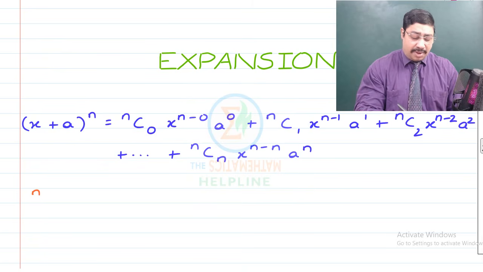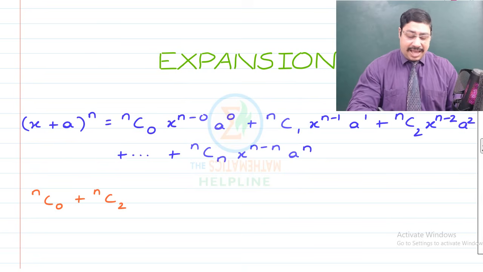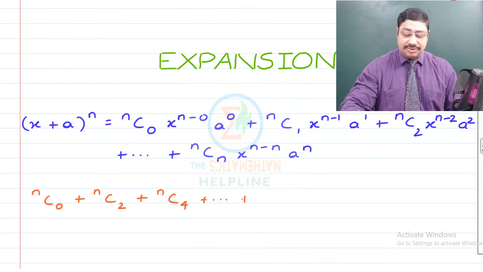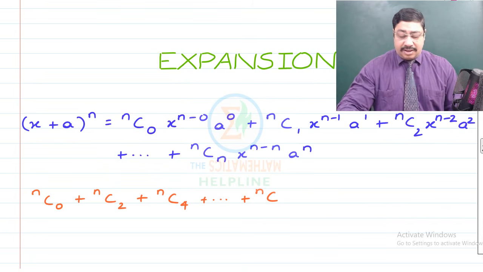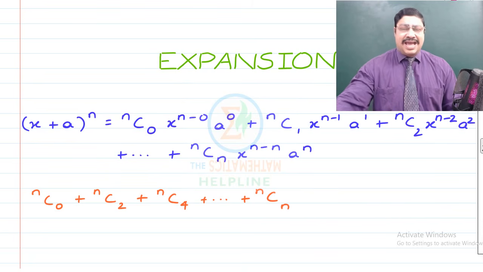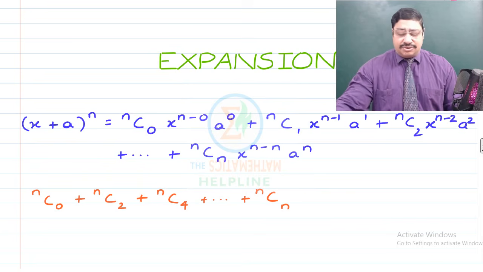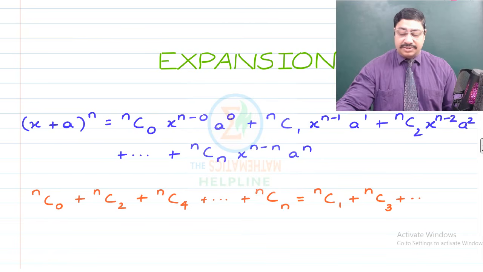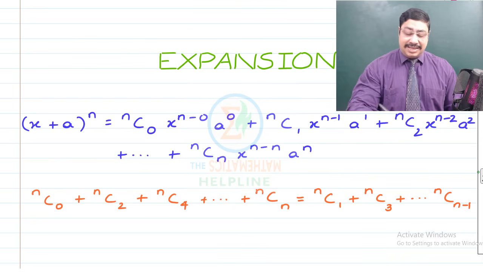So if, say, you talk about ⁿC₀ and to that you add ⁿC₂, and to that if you add ⁿC₄, and all of this, let's say, continues up to ⁿCₙ, where n is an element of even natural numbers, then this is further going to be equal to ⁿC₁ plus ⁿC₃ plus and so on up to ⁿCₙ₋₁, because we've considered that n is an element of even natural numbers.